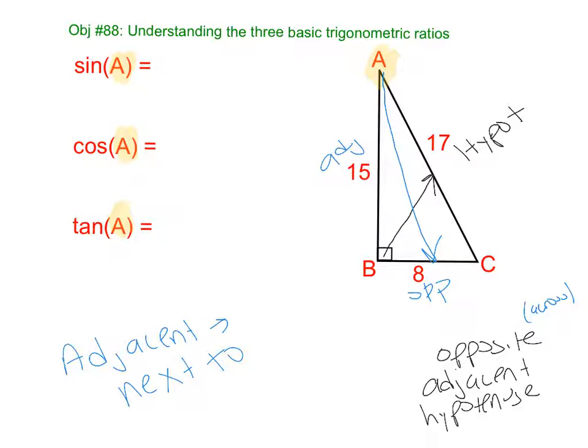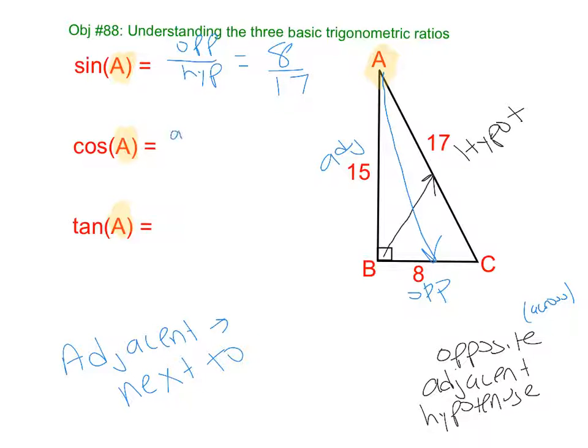Okay? So sine is opposite on that previous slide. Go back, rewind if you need to. Sine is opposite over hypotenuse. So the opposite side was 8. The hypotenuse was 17, and we're done. That's our answer. We're just writing a fraction. It's a ratio.